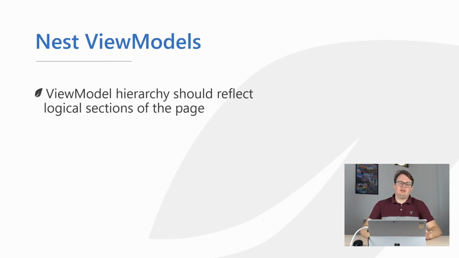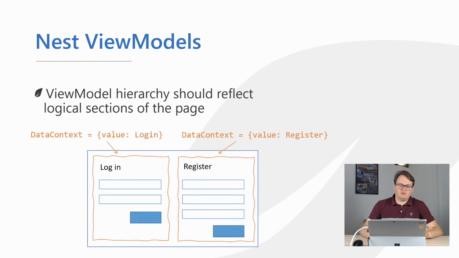Also, you should take advantage of nesting. If the page, for example, has multiple logical sections that are basically independent of each other, it makes sense to create separate view models for them from the beginning. Not do it later, because later it can be much more complicated. Every view model will have some dependencies and you will have to tear those apart.